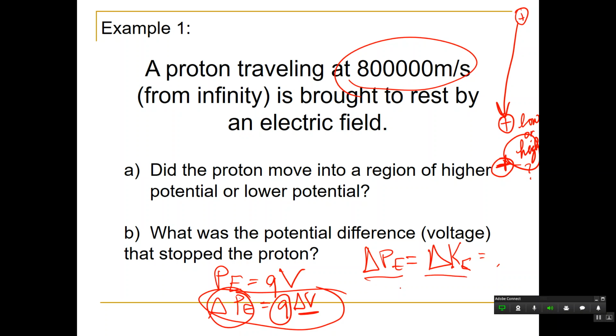My kinetic energy initially was 1/2 m v initial squared, and it became 1/2 m v final squared, and this value is just 0. So the kinetic energy that I had at the beginning from going at this velocity is going to be converted to potential energy. And taking that potential energy and dividing it by Q is going to give me my voltage.